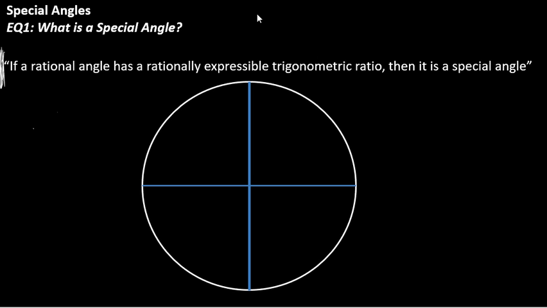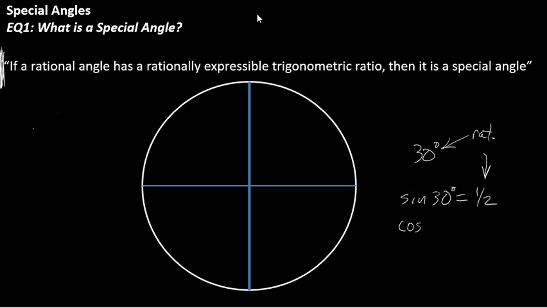But all I'm really saying is, so 30 degrees, right? A 30-degree angle, first of all, is rational. Second of all, if I take the sine of 30 degrees, I'm going to get 1/2, which is also rational.